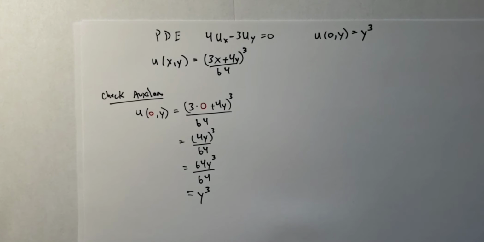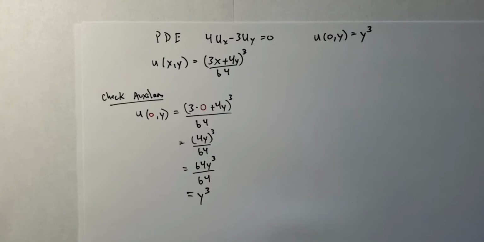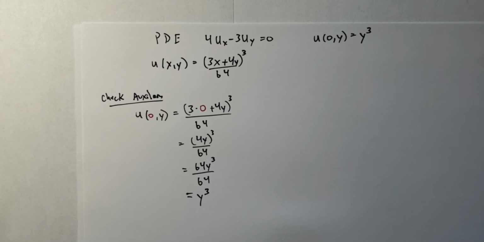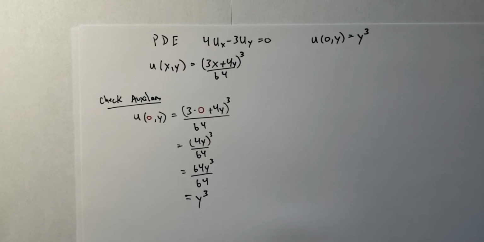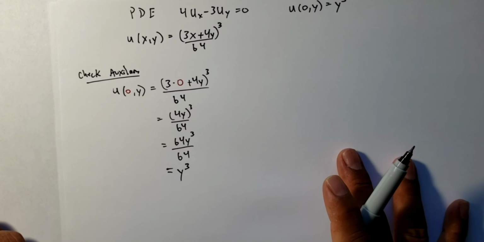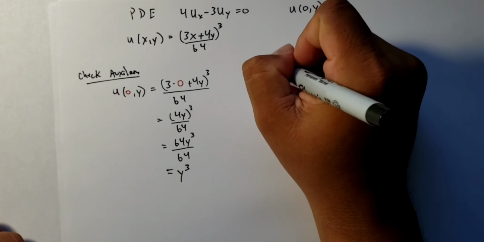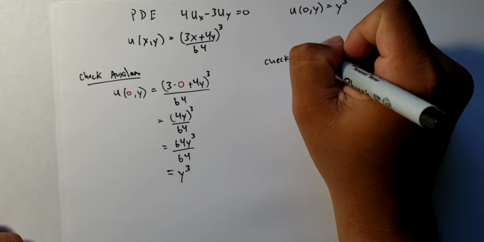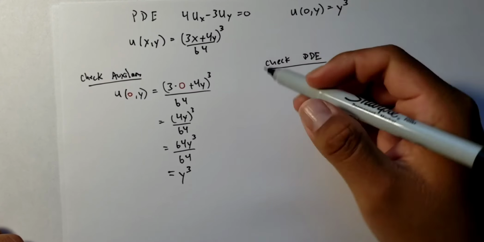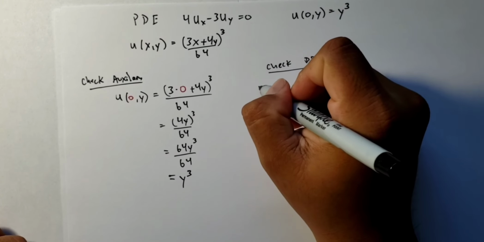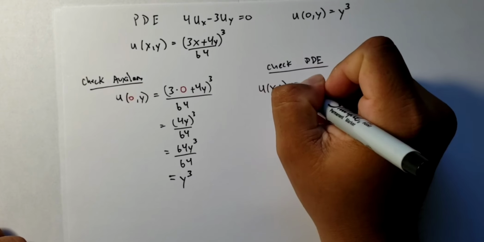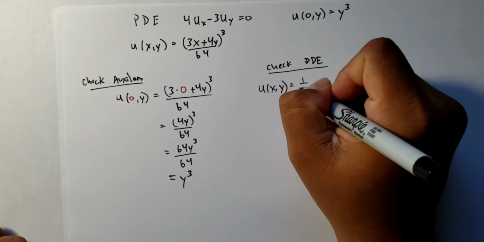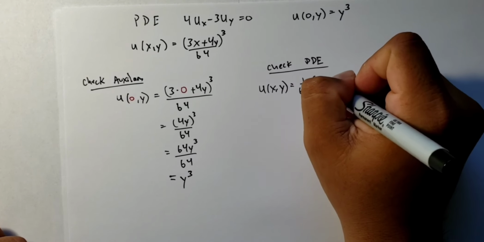Now that it satisfies the auxiliary condition, what about the PDE? Remember in the previous video we said any function where the expression is dependent on bx minus ay will satisfy, but we can check here. So I'm going to check the PDE. u of x,y is actually equal to 1 over 64 times (3x plus 4y) cubed.